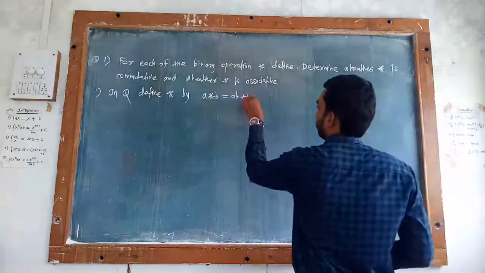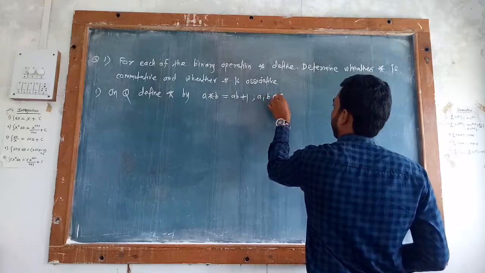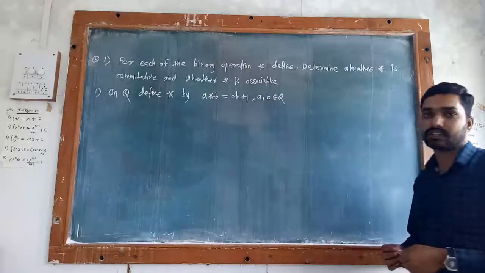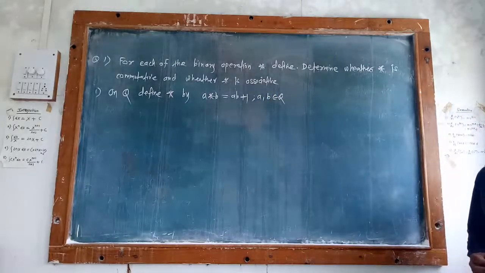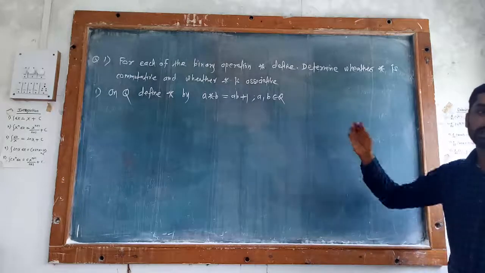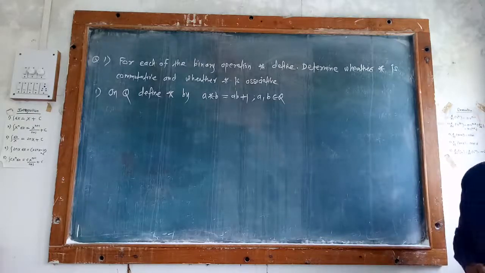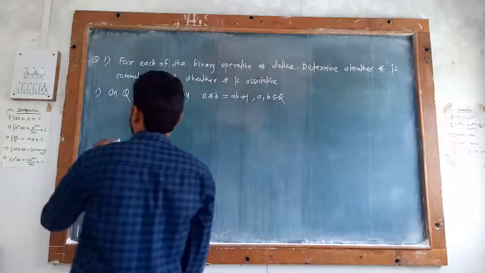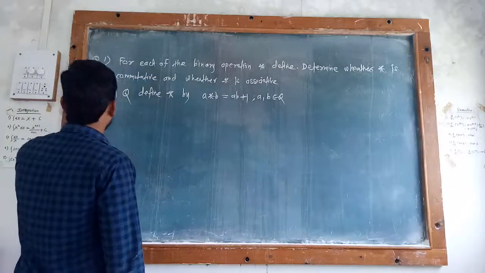Here A and B are members of Q, the set of rational numbers. Okay, this is your question. We want to check whether star is commutative and associative. So let us start the solution of the first example.